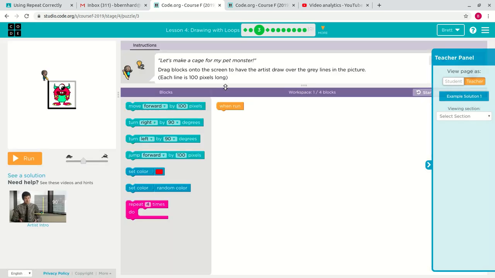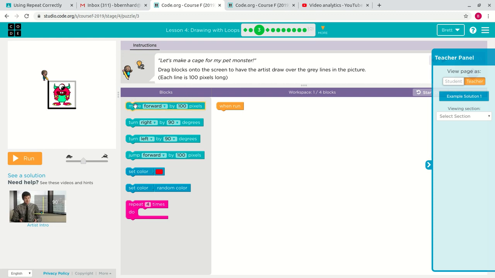Lesson 3. Let's make a cage for my pet monster. Drag blocks onto the screen to have the artist draw over the gray lines in the picture. Look, it tells us each line is 100 pixels long, so that's handy information to have.